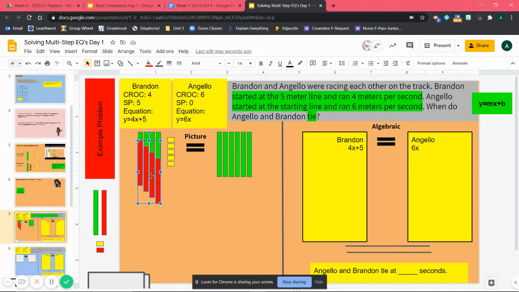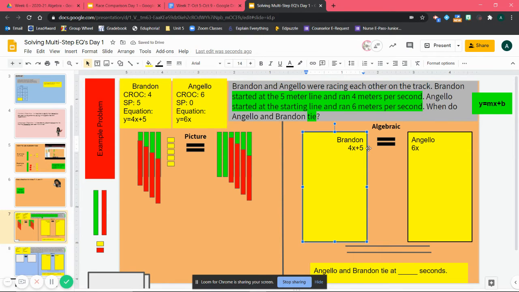Now, what I do to one side, I also have to do to the other. So if I added 4 negatives here, I have to add 4 negatives to the other side as well. So now let's write what we just did. I added negative 4x, not just negative 4, but negative 4 x's.